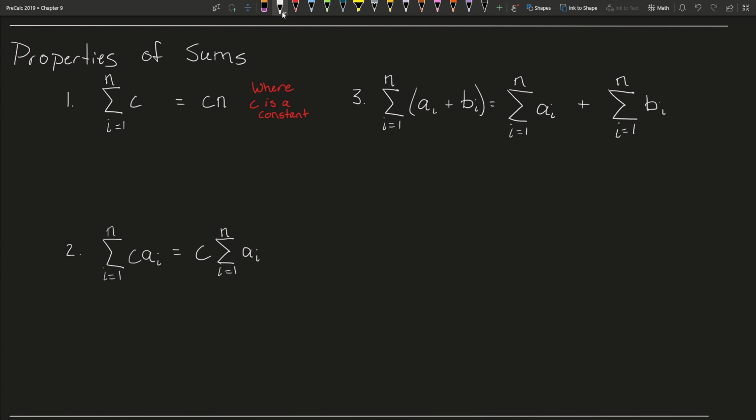So if we were to simplify this, if we were to see what this is actually saying, we would have c times just 1, several different times. Okay, so if you ever sum a constant, it's just going to be equal to that constant times the number of times you sum it.